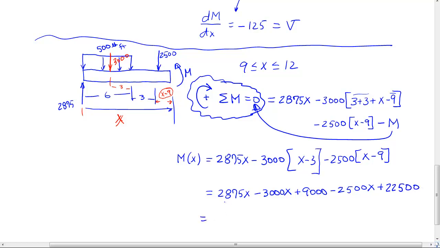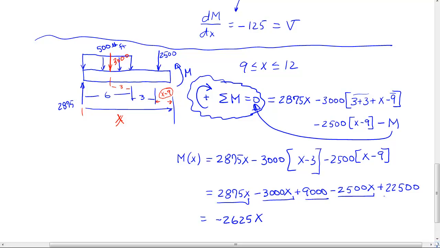So what you want to do is gather the terms with x's on them, and let's see what you get. 2875 minus 3,000 gives you 125, minus 2,500 gives you minus 2625x.